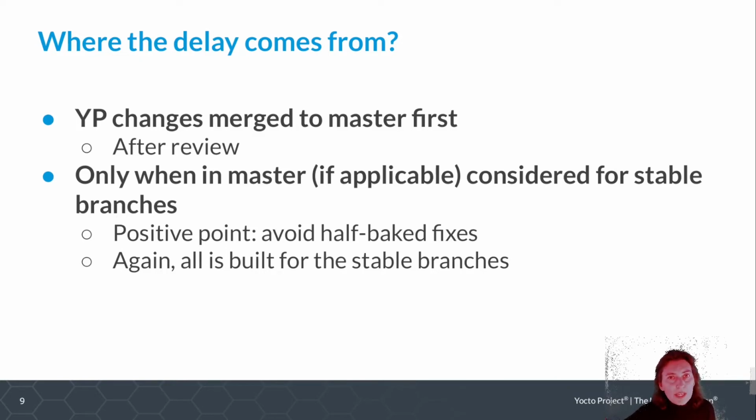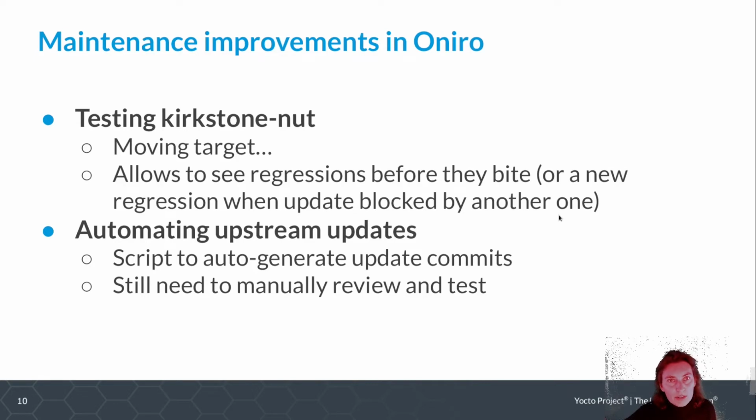So what we have done in Oniro to ease the update part a little bit are two things. First is testing with kirkstone-nut, that's the branch Steve is maintaining, the moving target with the things that are being considered for kirkstone. And we test it to see if new regressions are coming in.